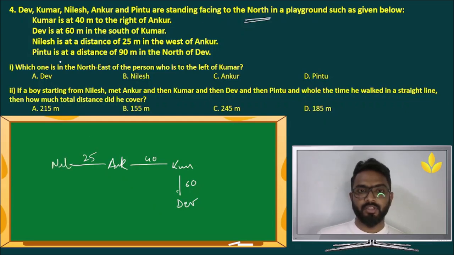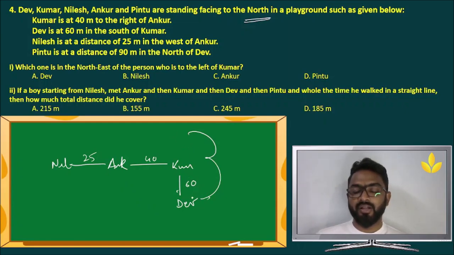Pintu is at a distance of 90 meters in the north of Dev. That is, this to this is 90. So obviously the difference between Kumar and Dev is 60, so this distance is 30. So this is Pintu. Done. This is the arrangement.